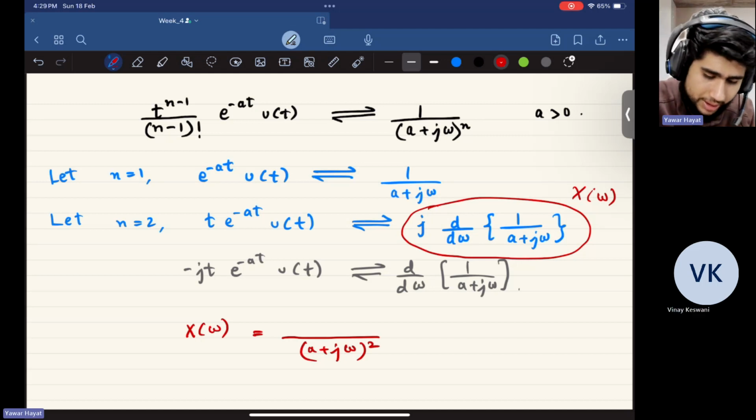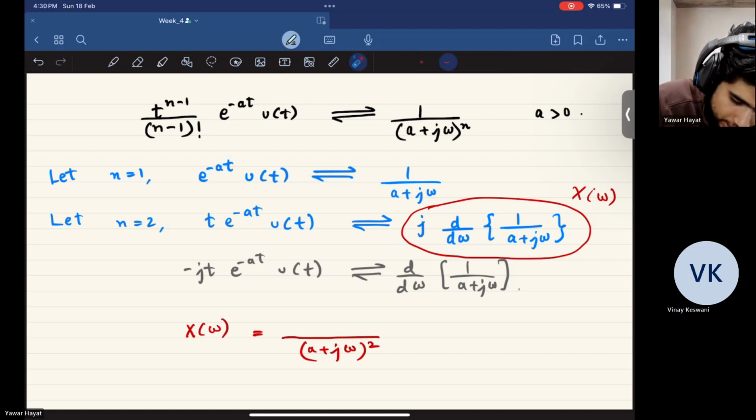It is the denominator squared, a plus j omega squared, in the denominator, times the differentiation of the numerator, but the numerator is 1, so its differentiation is 0. So I'll have a minus sign. Now the numerator, this 1, times the differentiation of the denominator, and the differentiation of the denominator is j, because I'm differentiating with respect to omega.